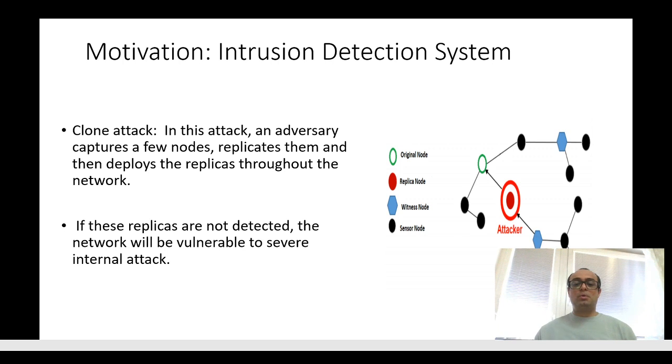The witness node could compare, for example, the location, the ID, the distance, and if he finds that the same information about this node is already recorded in its database, then he will detect that this is a replica node. But the problem is, if the witness node itself is compromised, then he will not send any notification to the cluster node and to the network nodes.